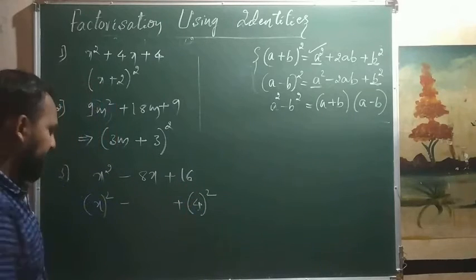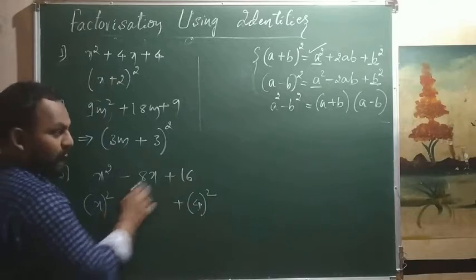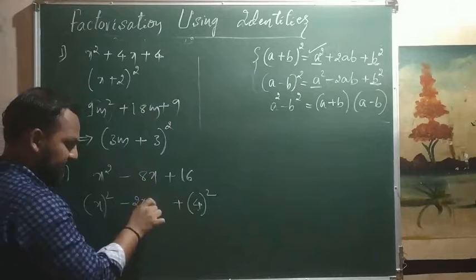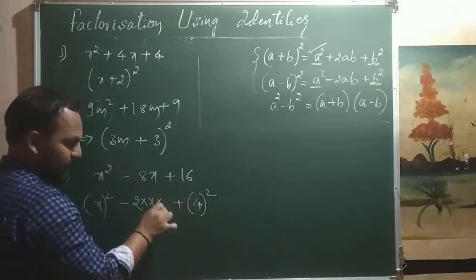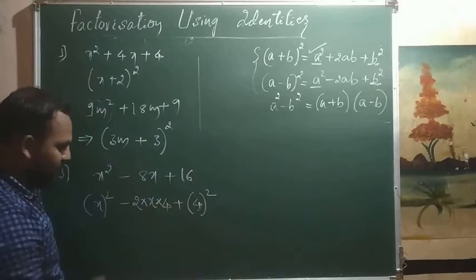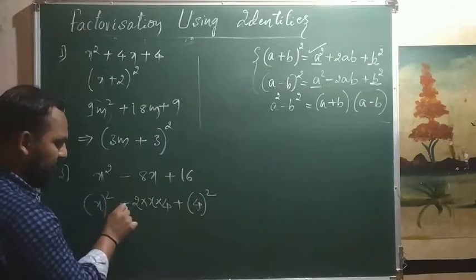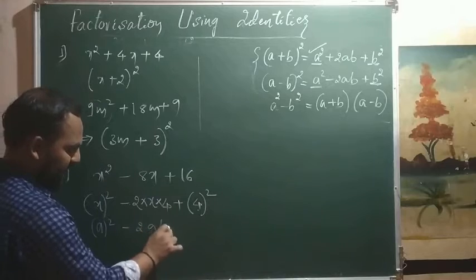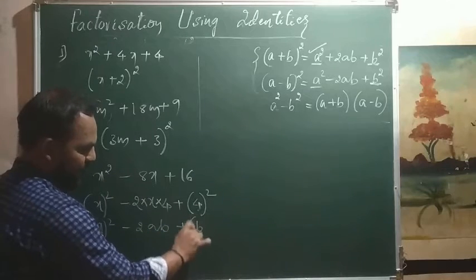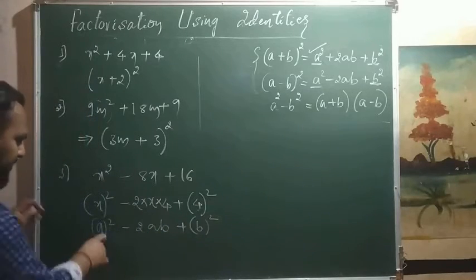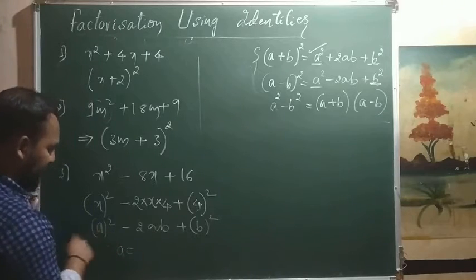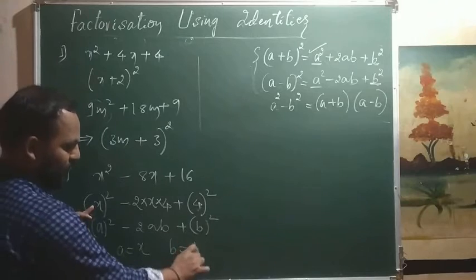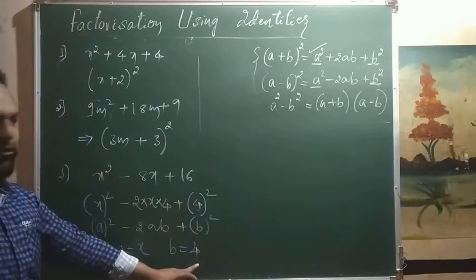The formula is a square minus 2ab plus b square, where a is equal to x and b is equal to 4.